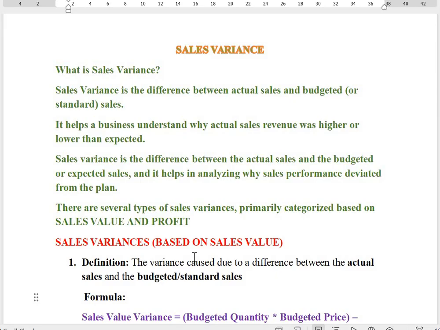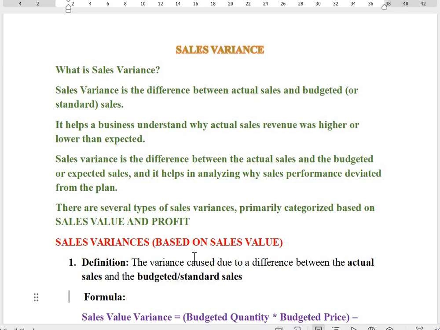This sales variance helps the business understand why actual sales revenue was higher or lower than the expected sales. For any difference, we have to find out the reason or causes behind the actual sales made, and that is what we consider in the case of sales variance.